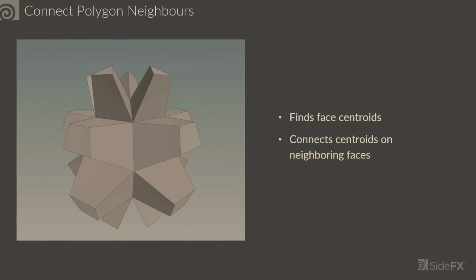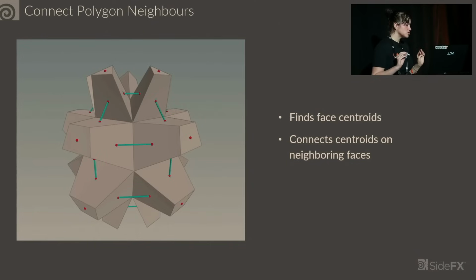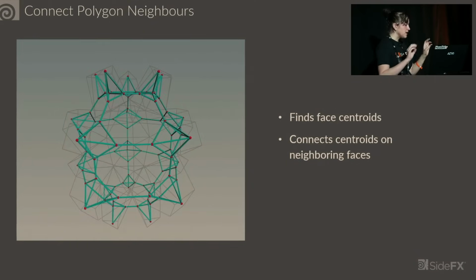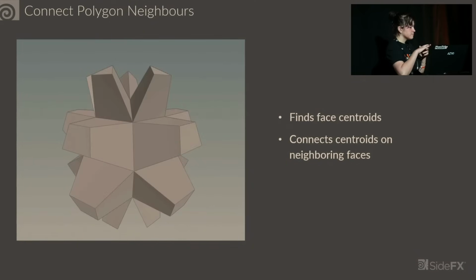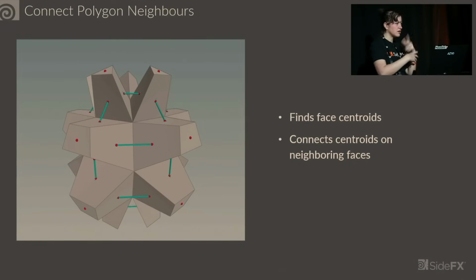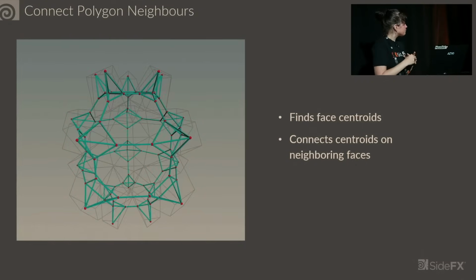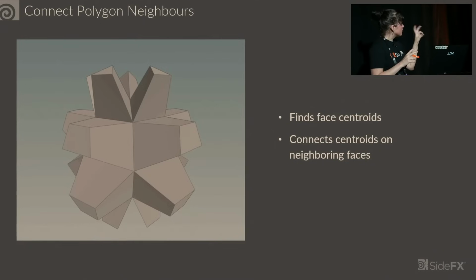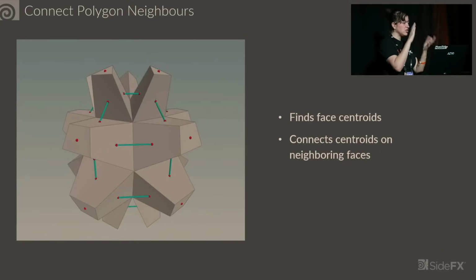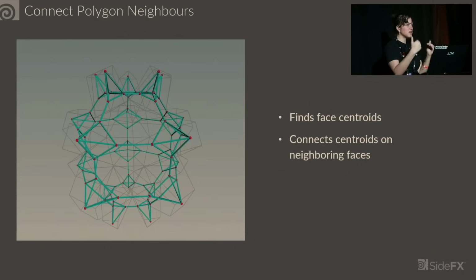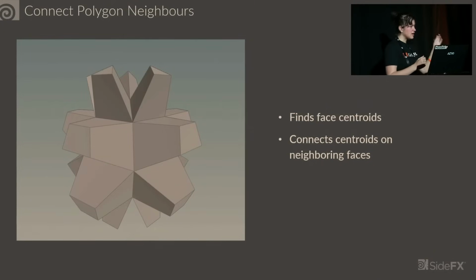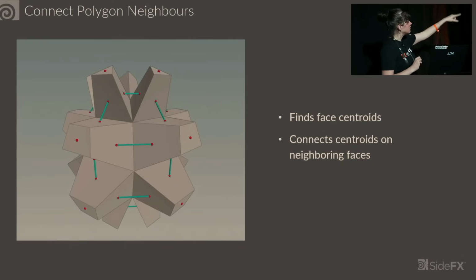We have connect polygon neighbors. Here we have a piece of geometry with lots of primitives that are connected, lots of neighbors. What this stop does is it finds the centroid of each one of those faces, and it finds the neighbors of each one of those faces. And it connects the neighboring centroids to each other, as denoted by these blue lines.